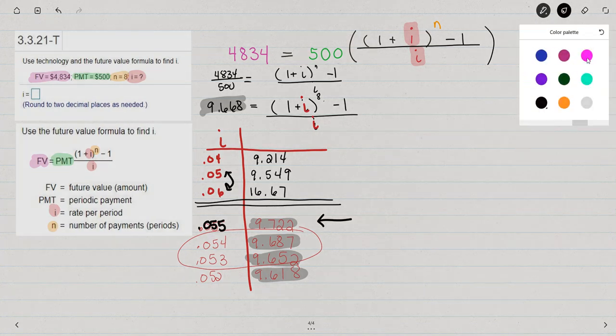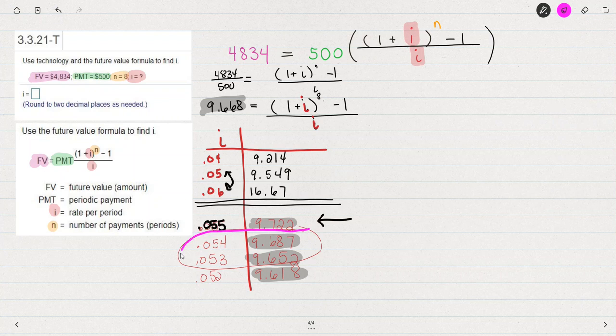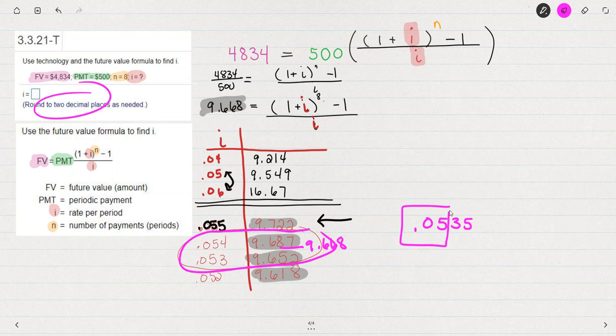I could see that the 9.668 is somewhere in here, right in between the 9.687 and 9.652. So I could say it's 0.053 something. Let's just say 5. All I need to do is round to 2 decimal places. So I could really comfortably say 0.05 is going to work.